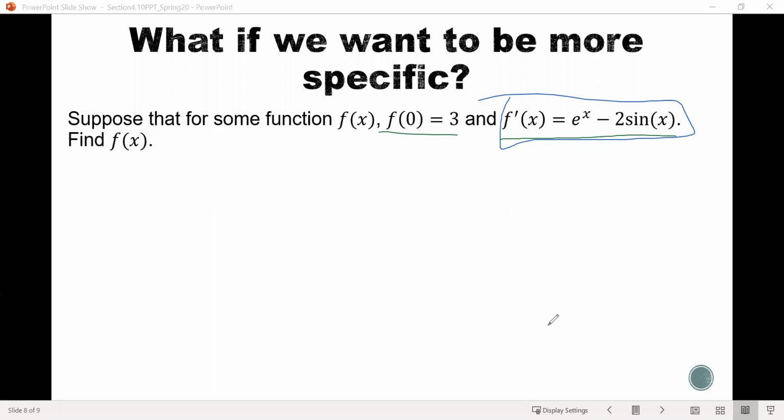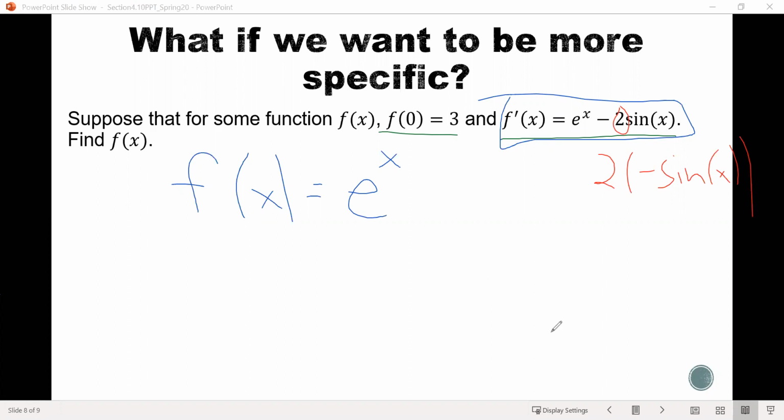of the given function. So in that case, our f of x, well, we know that the derivative of e to the x is e to the x, so the antiderivative would also be e to the x. Minus 2 sine x, remember that when we have something like this, we can take the coefficient separately, so we could write this as 2 times negative sine of x.